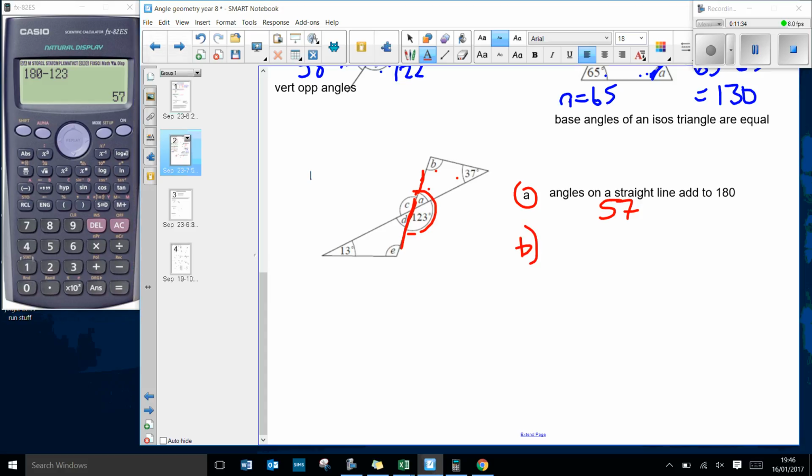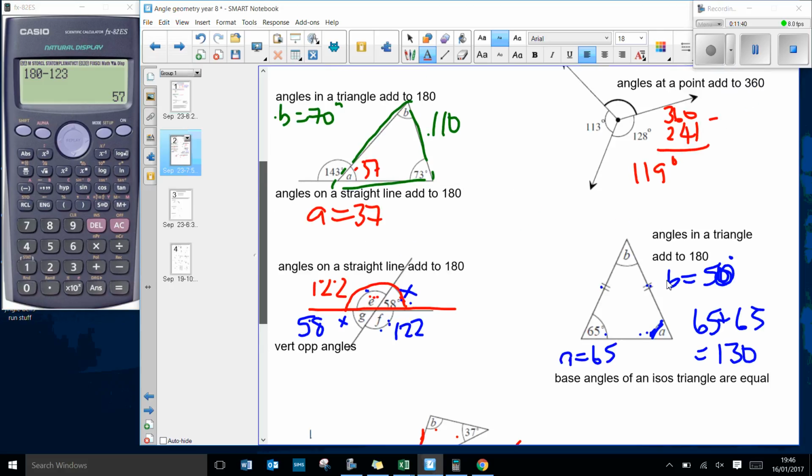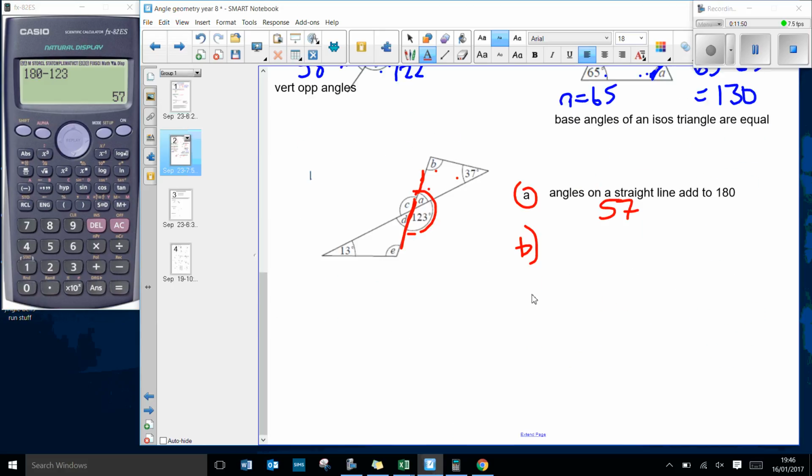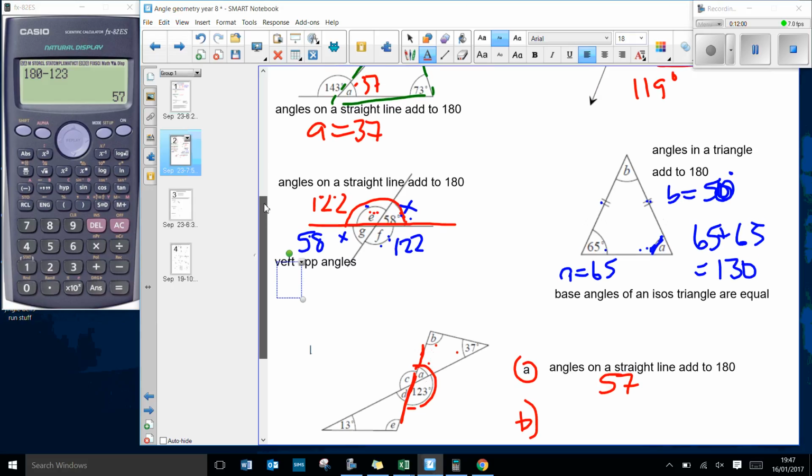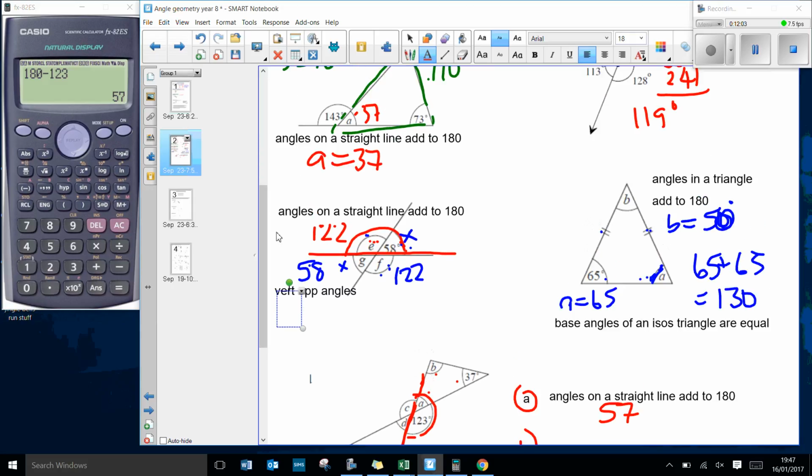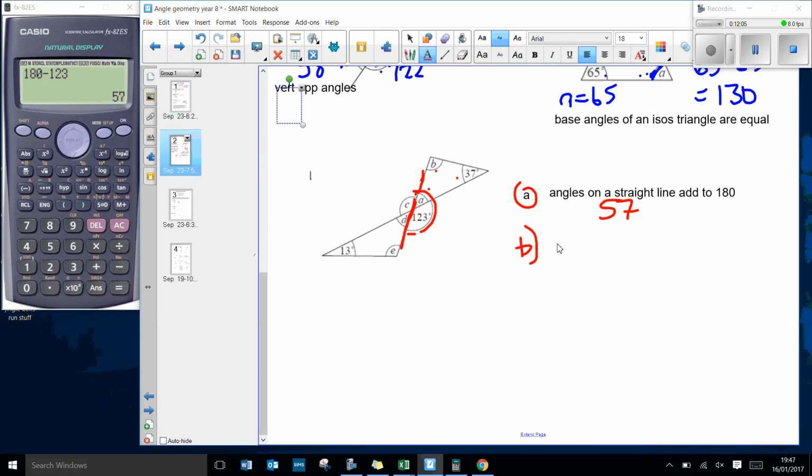Now angle B, we know that they are in a triangle. So the reason for this one is angles in a triangle add to 180.